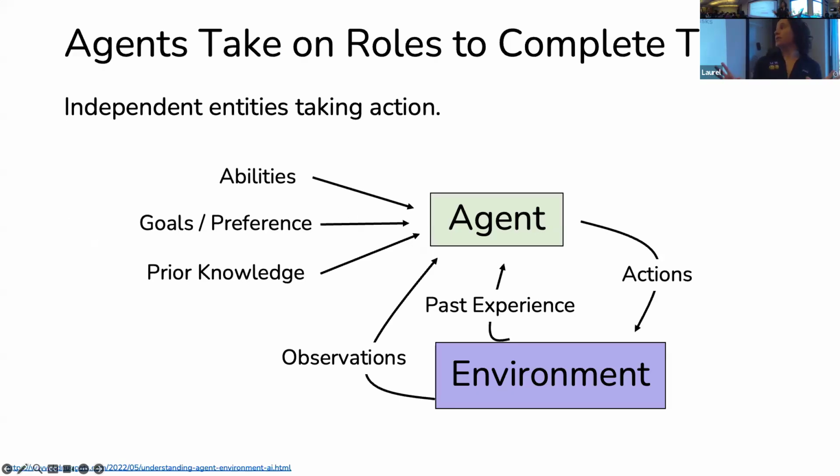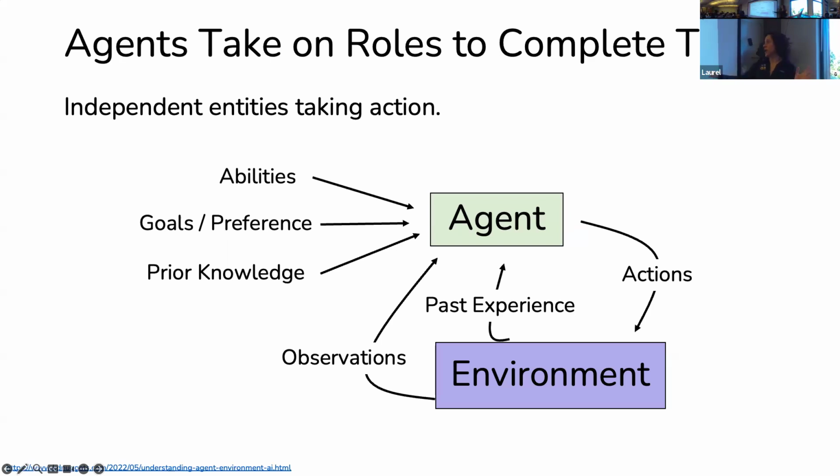So at the core, an agent, and this is a classical notion of what an agent is, is basically an independent entity that can take an action. One of the earliest references I found to agents was in the 1980s. They had AI agents even back then. The whole idea is that agents take in some notion of what they can do, some goals, some prior knowledge, as well as information from their environment, such as experience and observations.